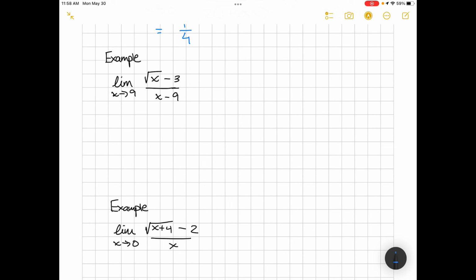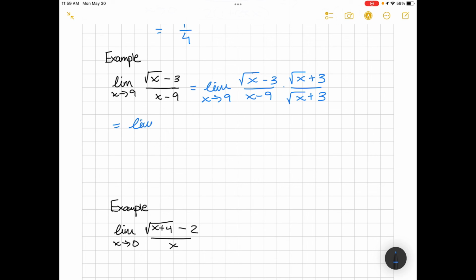So let's do that. This is equal to the limit as x approaches 9 of the square root of x minus 3 over x minus 9. We're going to multiply both the numerator and the denominator by the square root of x plus 3, like that. And now let's multiply those two things together.